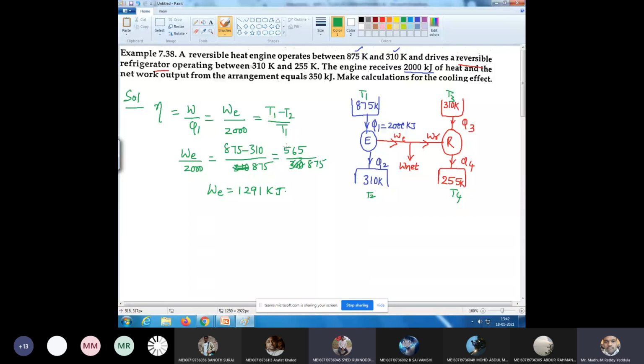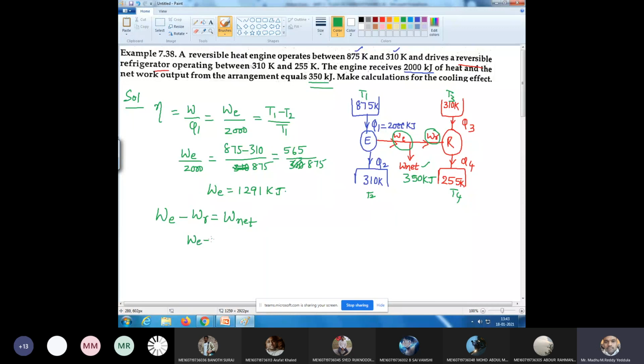Engine work minus refrigerator work is equal to net work. From this work, some amount is utilized by the refrigerator, and the remaining is W net. W net is equal to this minus this. The net work is given as 350 kilojoules in the problem. Therefore, we can calculate the work consumed by the refrigerator.